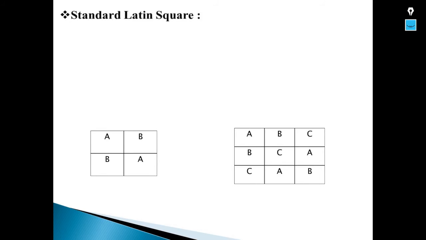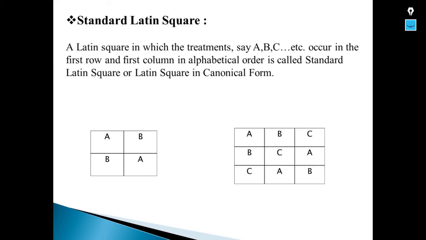So our next concept is the standard Latin square. So what is a standard Latin square? A Latin square in which the treatments, say A, B, C, etc., occur in the first row and first column in alphabetical order is called a standard Latin square, or we can say a Latin square in canonical form.